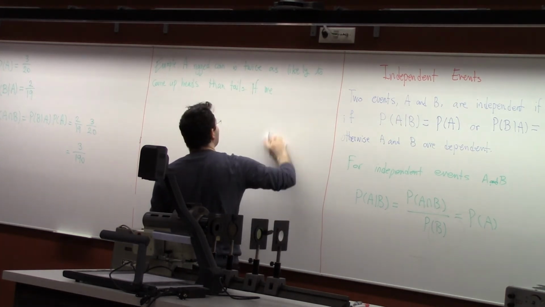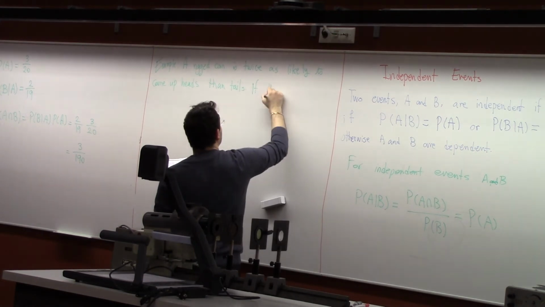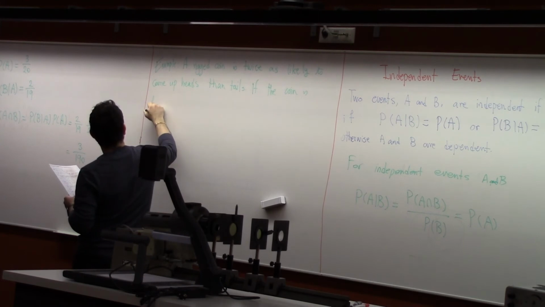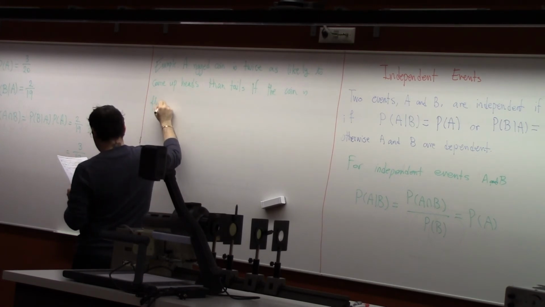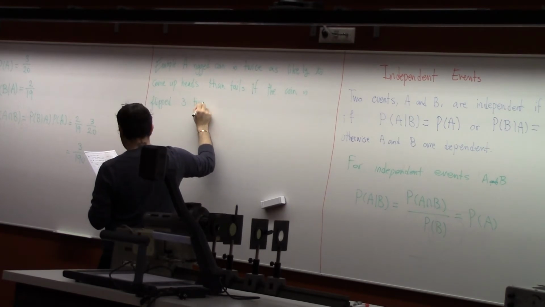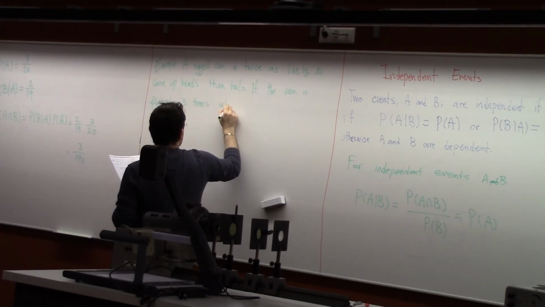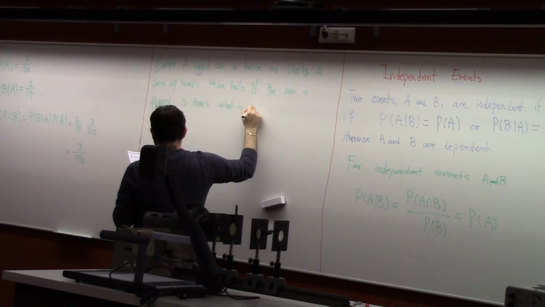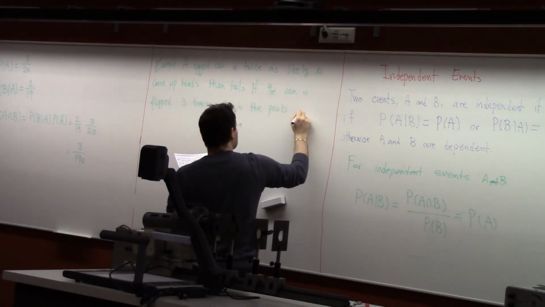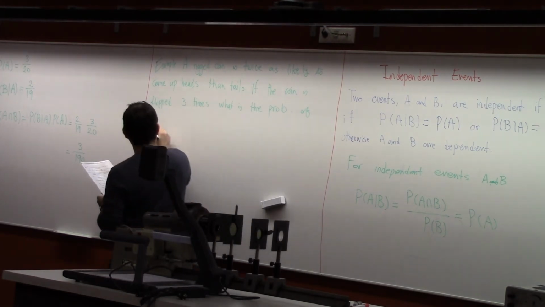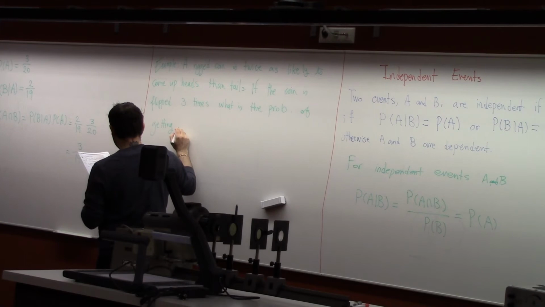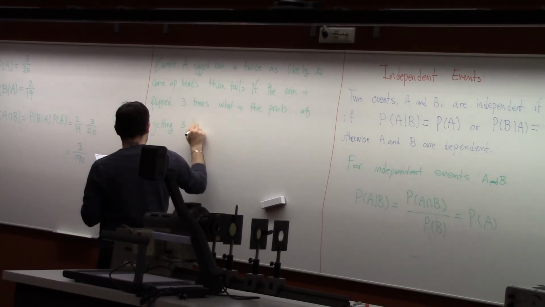If the coin is flipped 3 times, what is the probability of getting 3 heads?